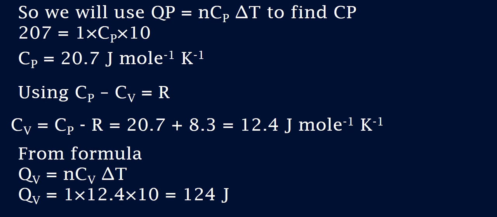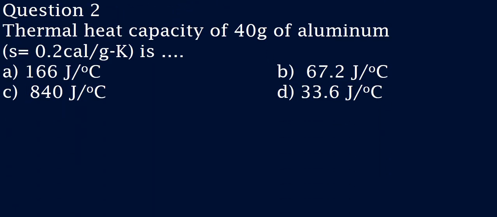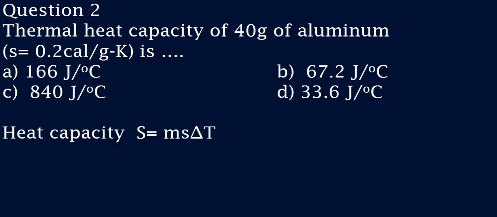Question 2. Thermal heat capacity of 40 grams of aluminium. Here, small s, that is specific heat capacity, is 0.2 calories per gram per Kelvin. If you look at the options, the units are joules per degree centigrade. Heat capacity, capital S, is equal to m into small s.